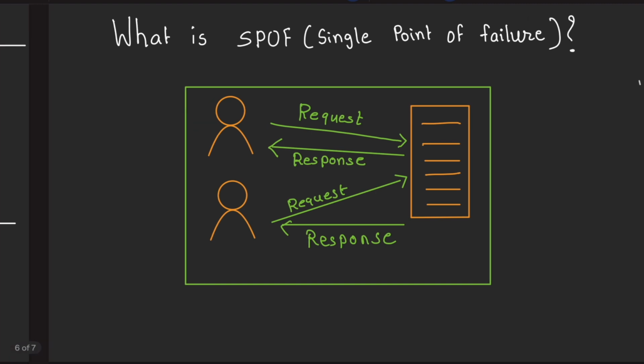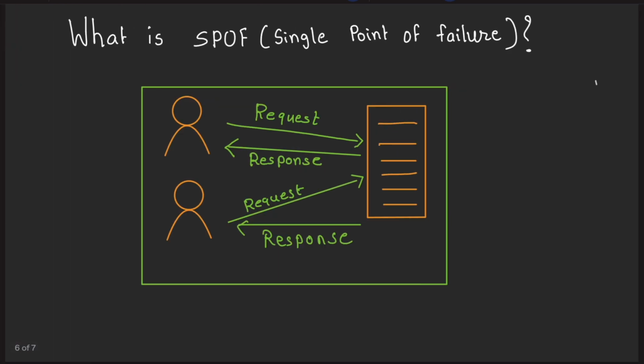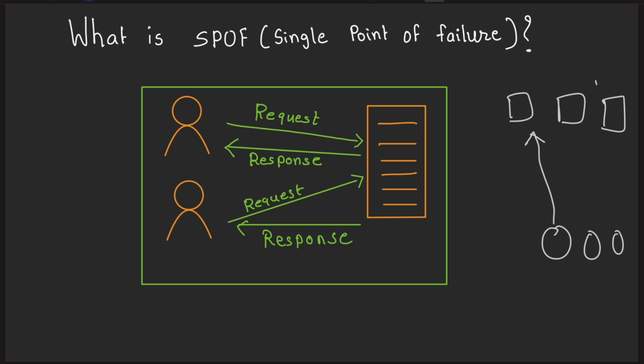But on the other hand, that is an advantage for horizontal scaling, because we are not going to face a single point of failure, since we will have multiple servers. Let's say we have multiple clients requesting to servers, right?